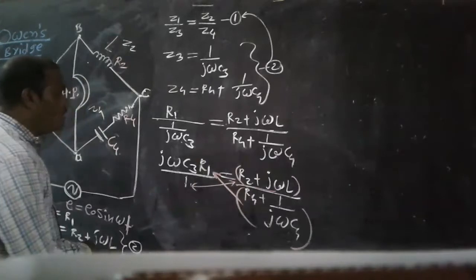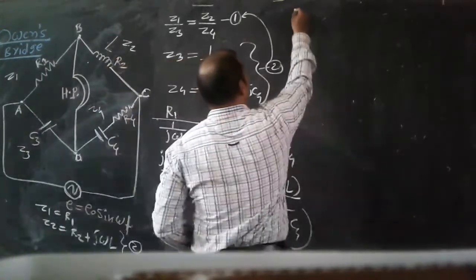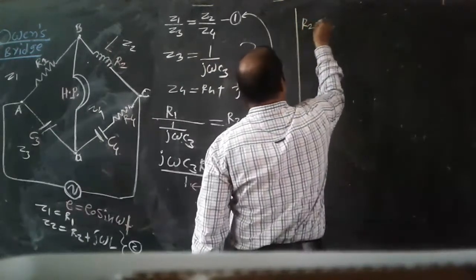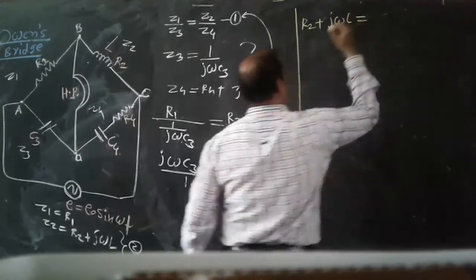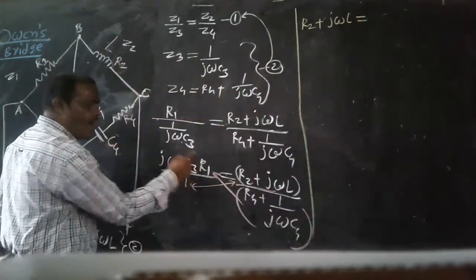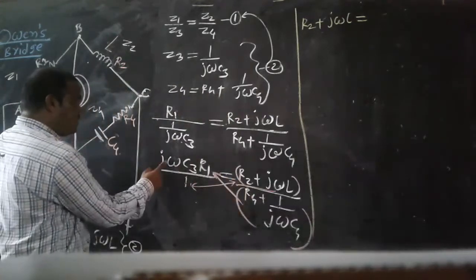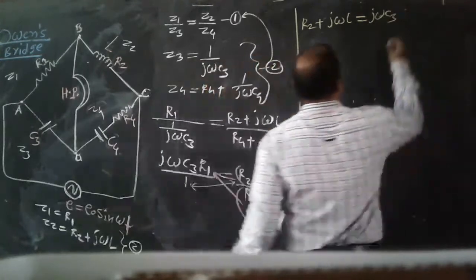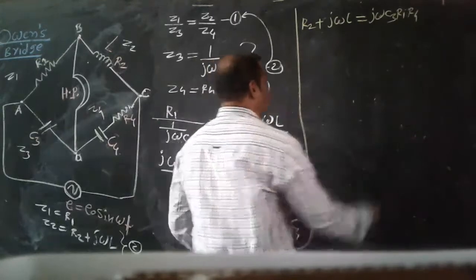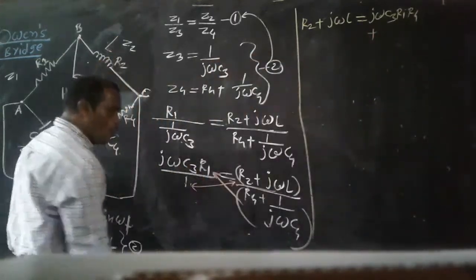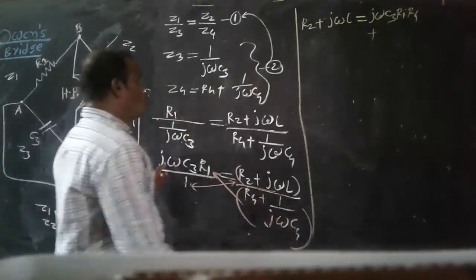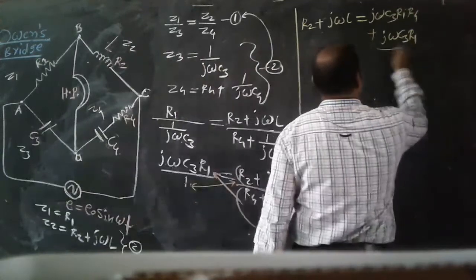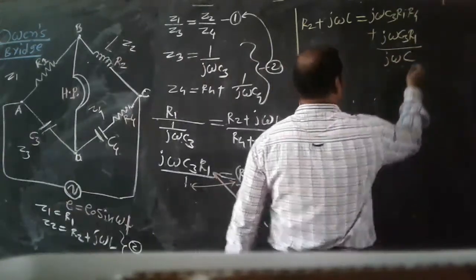So we get R2 plus j omega L equal to j omega C3 R1 into R4, that is j omega C3 R1 R4, plus j omega C3 R1 into 1 upon j omega C4.